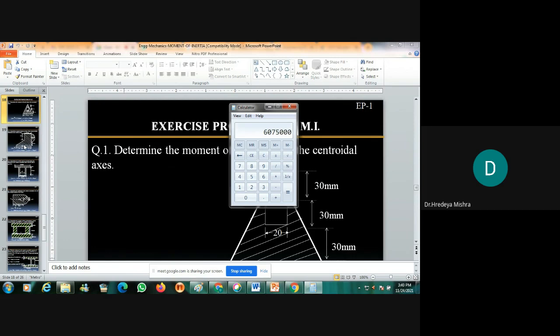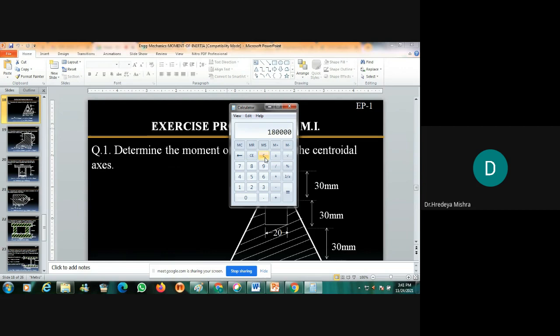Another calculation is 20 into 30 into 30 into 30 divided by 3, which is 180000.